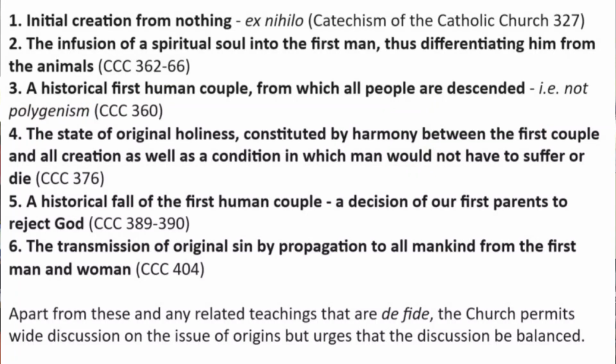Beyond that, this book says that apart from these and any related teachings that are de fide, that are from our faith, the Church permits wide discussion on the issue of origins, but urges that the discussions be balanced.